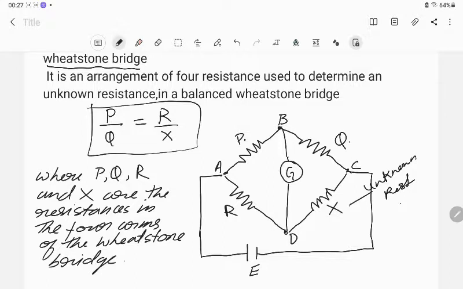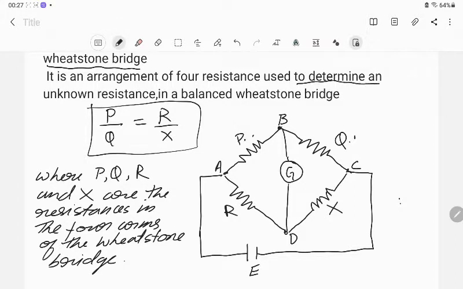The difference is we can increase or decrease the value of R, but P and Q are fixed. We cannot increase or decrease them, they are fixed values. And this X value is not known, it is unknown. We have to determine the value of X.